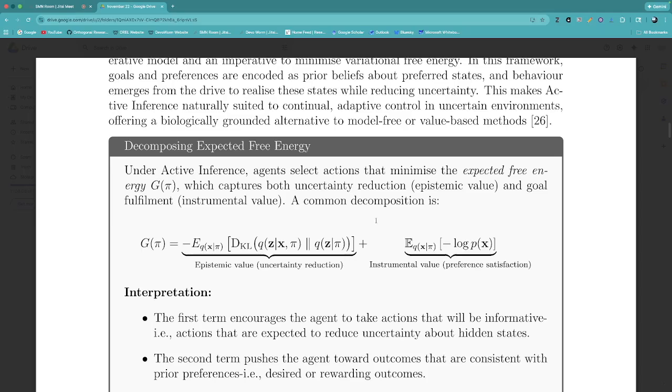So this is where they decompose expected free energy. The expected free energy G pi captures both uncertainty reduction, which is the epistemic value, and goal fulfillment, which is the instrumental value.